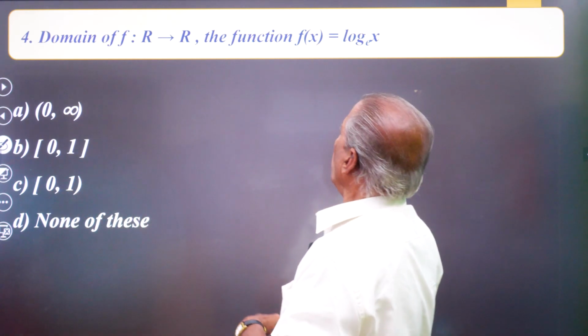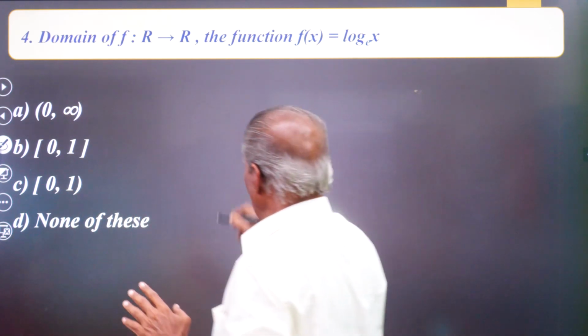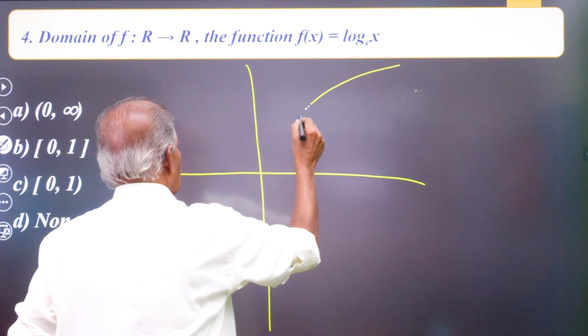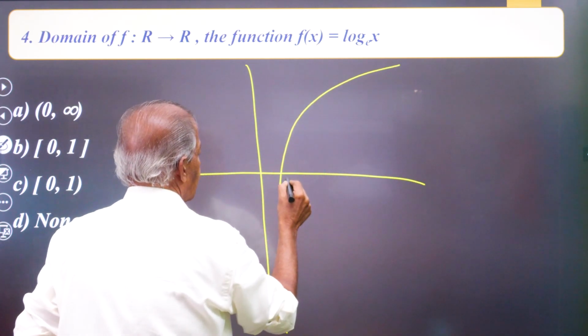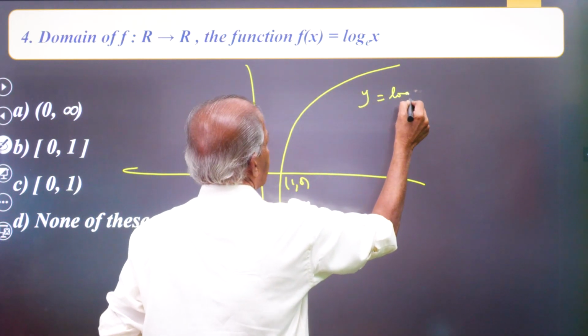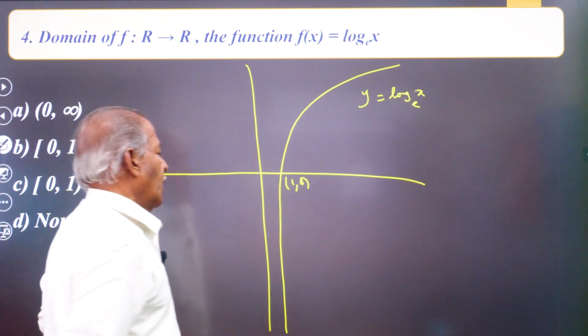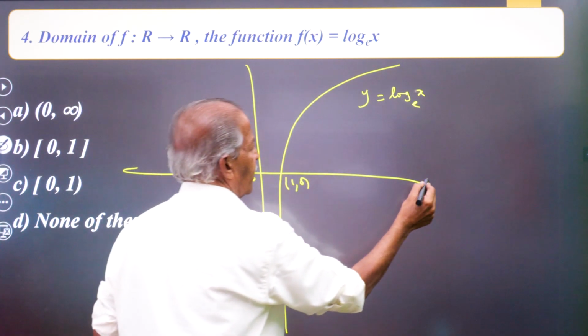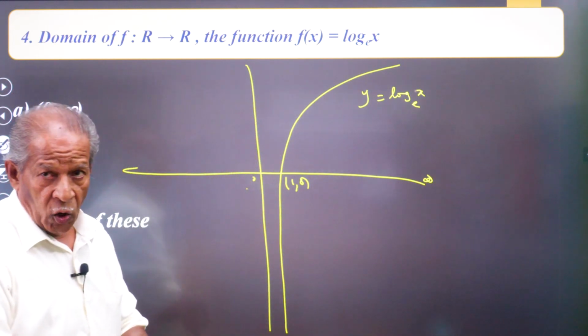Fourth problem, domain of the function. It is very simple. Look here. The log x function, we know that it starts from here and comes here. This is the point (1, 0), y equal to log x to the base e. In the problem, the log x function takes values from 0 to infinity and 0 should not be allowed.